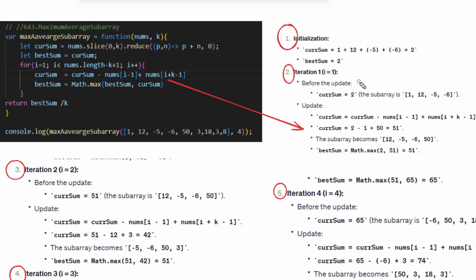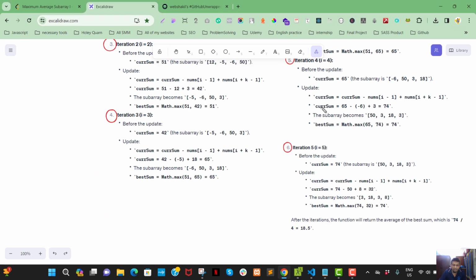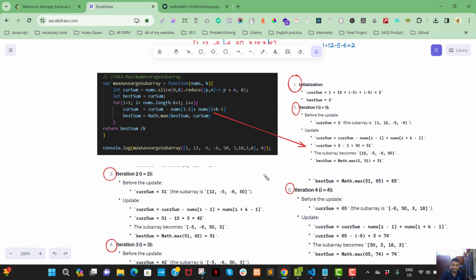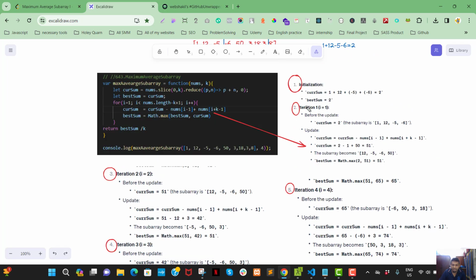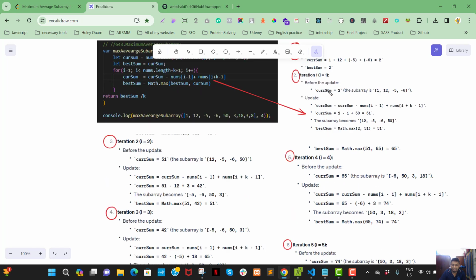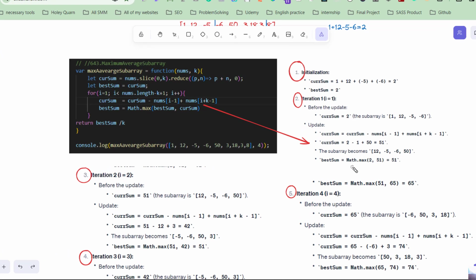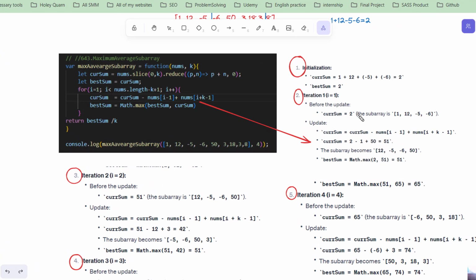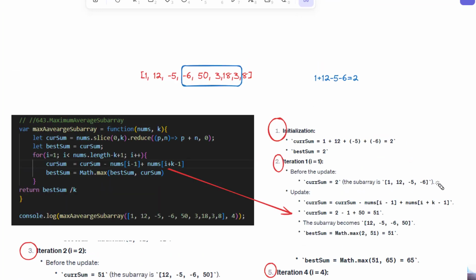Every detail is given over here. If after coding you come here, the problem will be crystal clear. You will understand to full extent. So first iteration, second iteration. After the first iteration, the subarray will be like that.